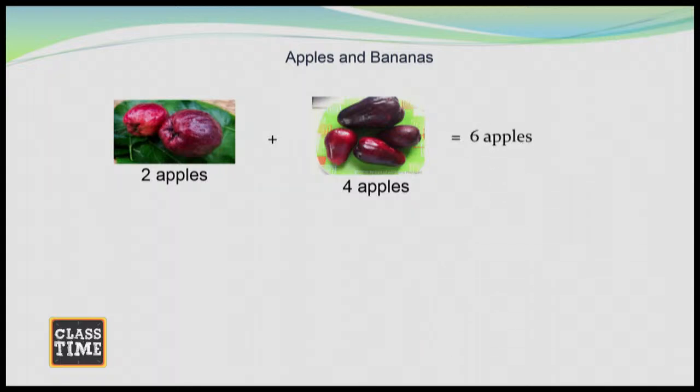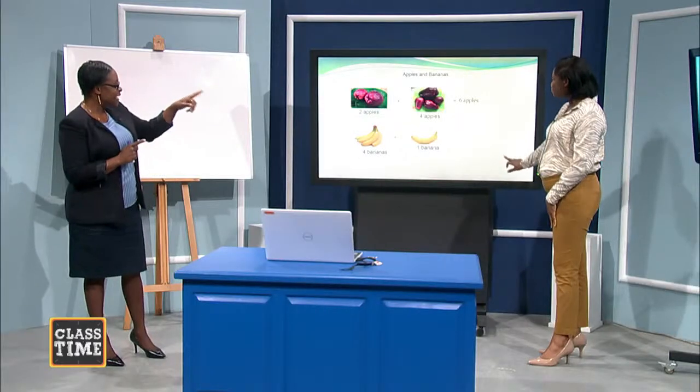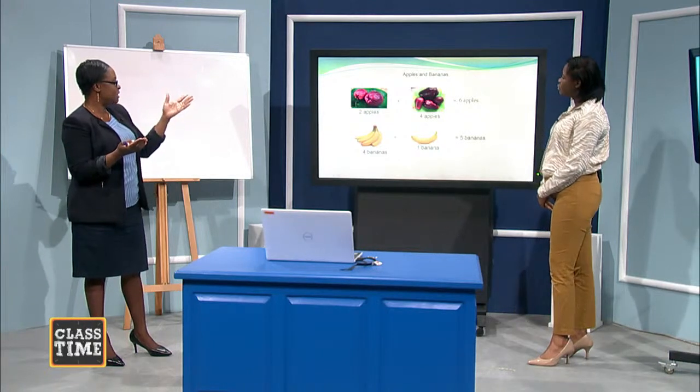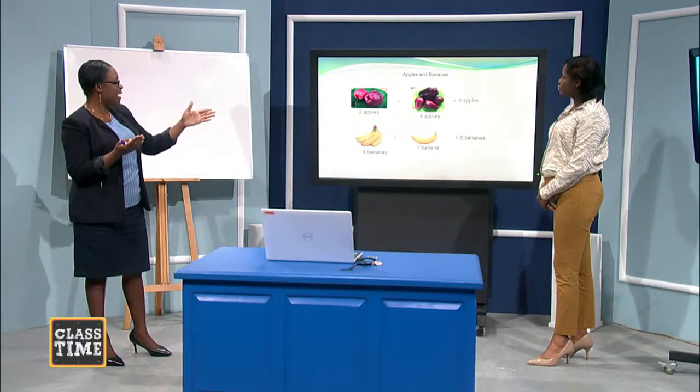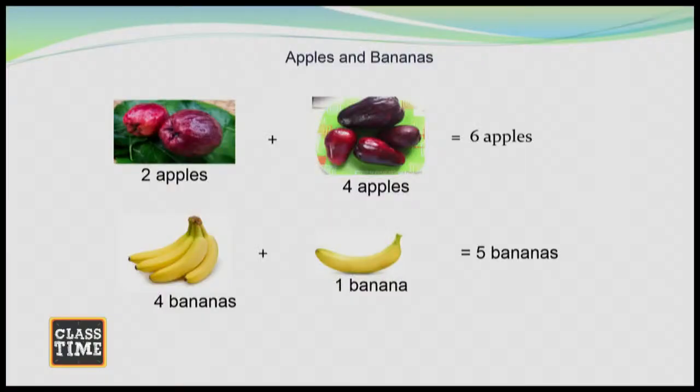I'm not sure, maybe apple banana? I've never seen an apple banana before, but in the example, I see that they are separated. We see that 2 apples and 4 apples will make 6 apples in all, and 4 bananas and 1 banana makes 5 bananas in all. So if we wanted to know the number of fruits, what would your answer be?